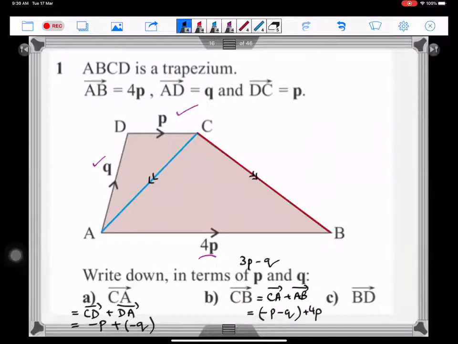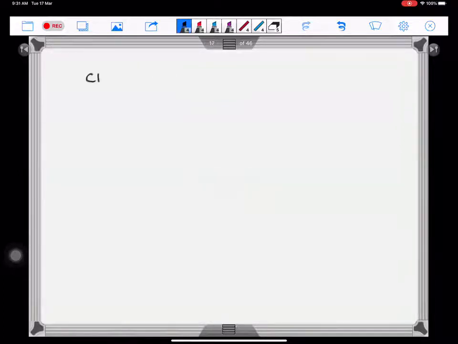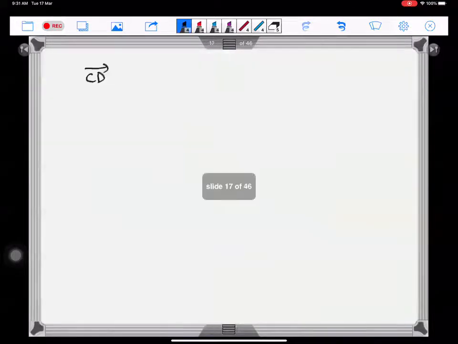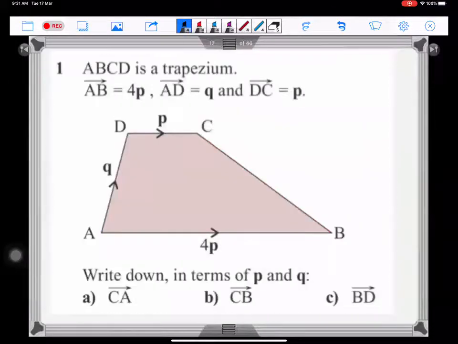That's one approach. Otherwise, the alternative approach was I can go from C to D, D to A to B. CB is going this way, and then going down, and then going to the right.